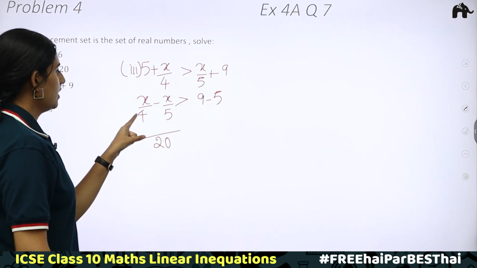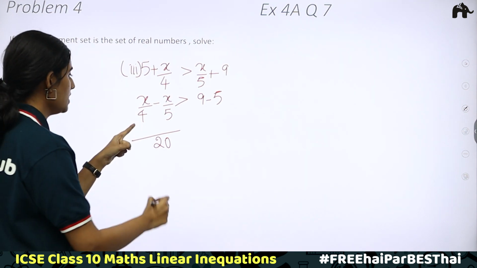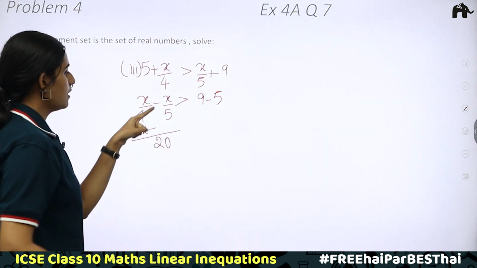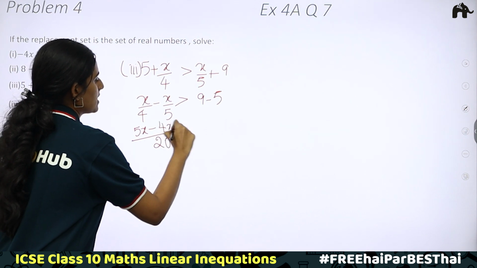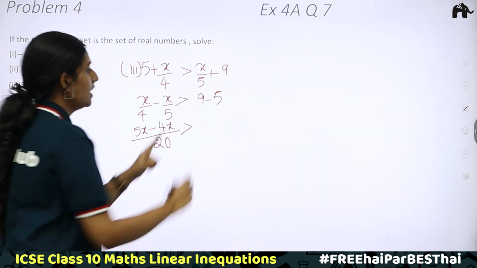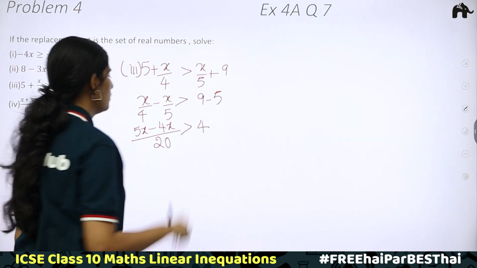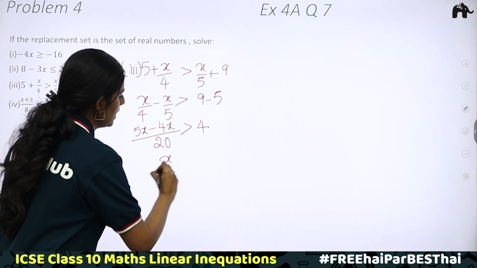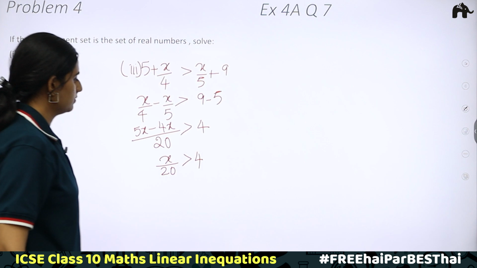Then we'll have 5x minus 4x over 20 greater than 9 minus 5. What is 9 minus 5? 4. So 5x minus 4x is x by 20, greater than 4.